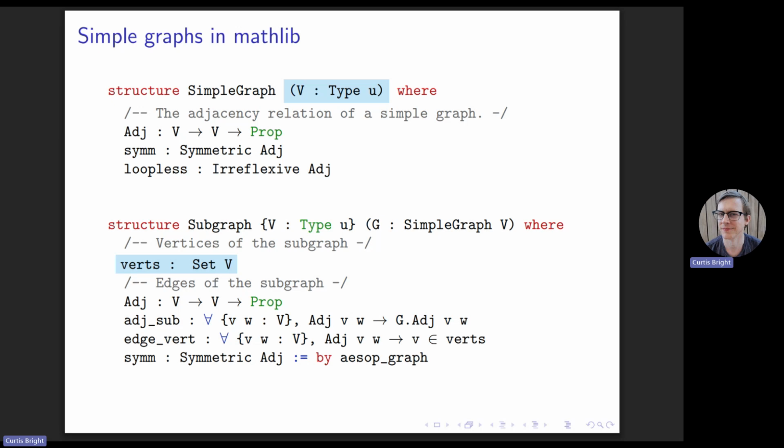We have our adjacency relation between objects of type V. And then we have the requirement that two vertices in the subgraph are adjacent only if they're adjacent in the parent graph. We also have that two vertices are adjacent only if they belong to the carrier set. We also have symmetry. That's a tactic that'll automatically try to look for a proof.